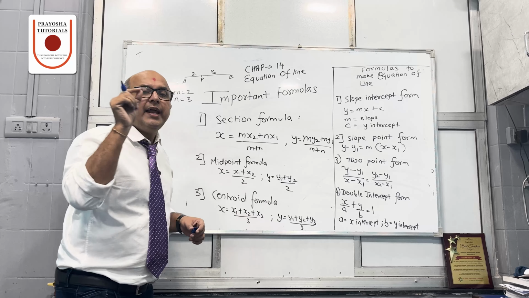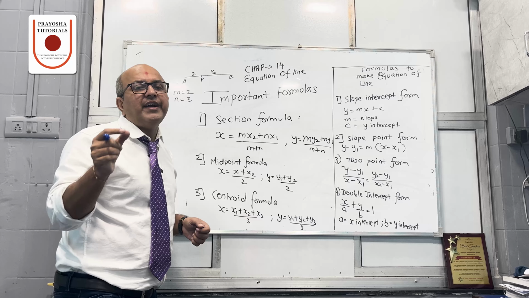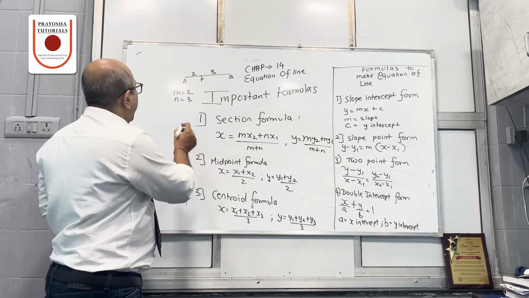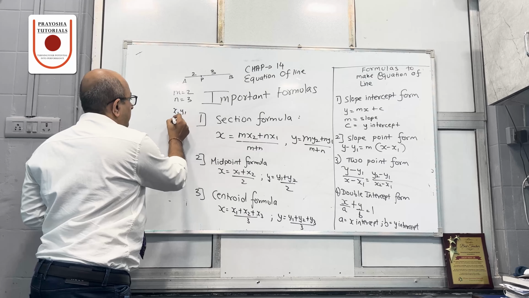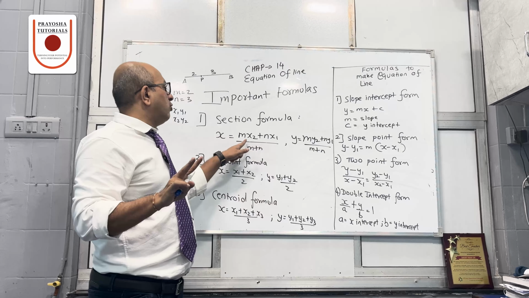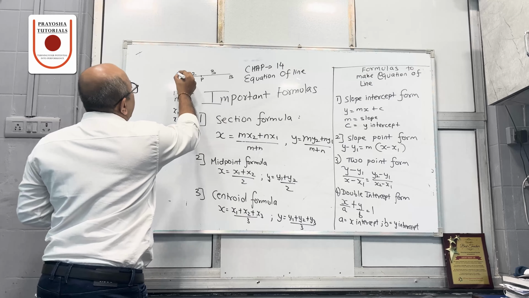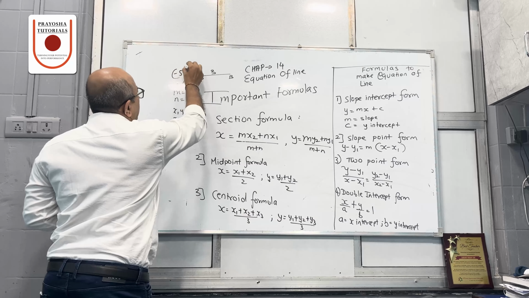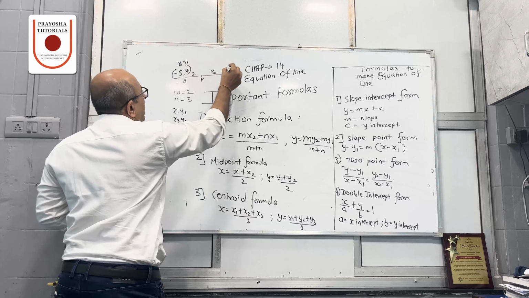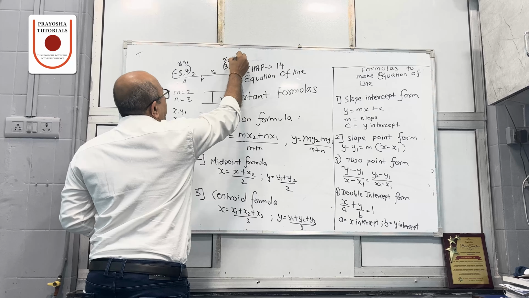Again, M and N are the ratios in which the point divides segment AB, and x1, y1, x2, y2 are the two coordinates whose values we have to substitute in this formula. Suppose A is (-5, 7), which is x1, y1, and B is (3, 4), which will be x2, y2.